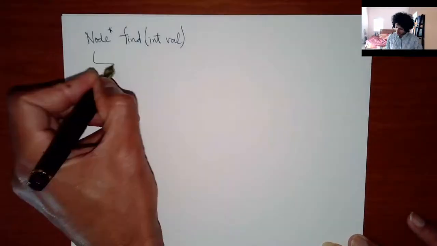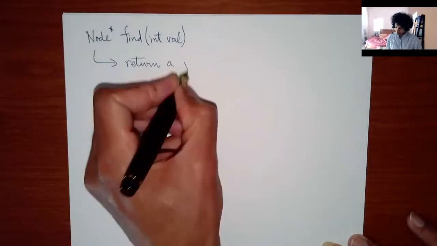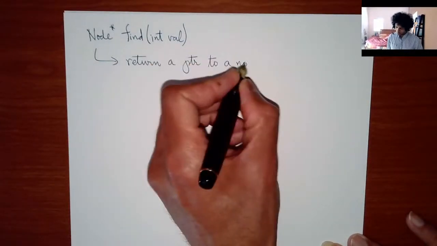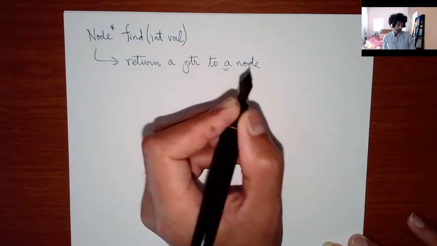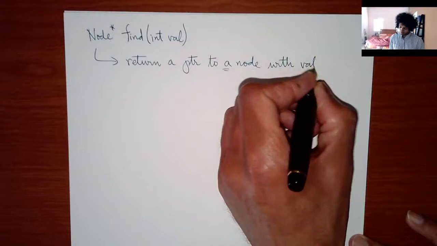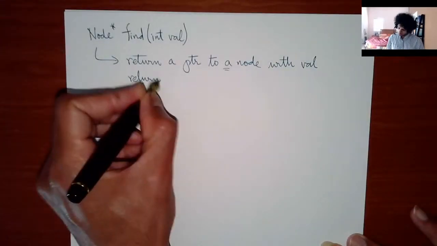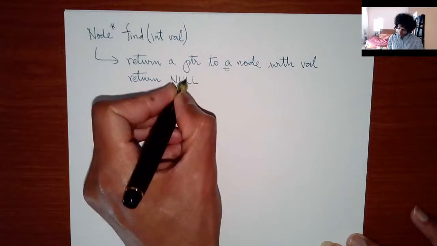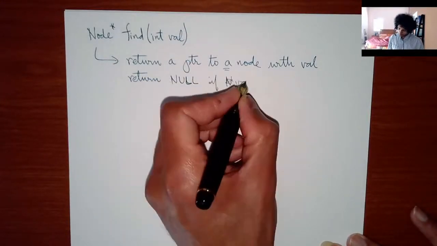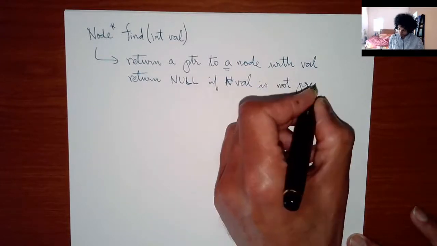And that's because what I want this to do is it should return a pointer to a node, right? There could be many nodes, to a node with val, or it will return null if val is not present.